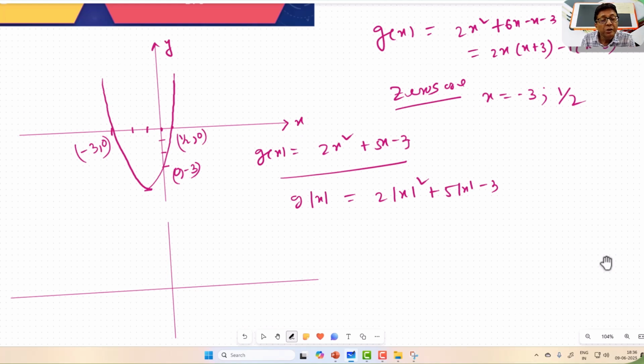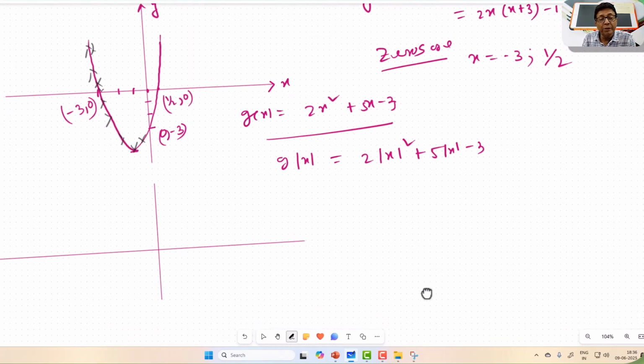This is the concept. So if you remove the part here, this portion will be fully removed. It will not be over there. So the remaining portion of the graph we have to draw first, and then you take the mirror image about the y-axis.